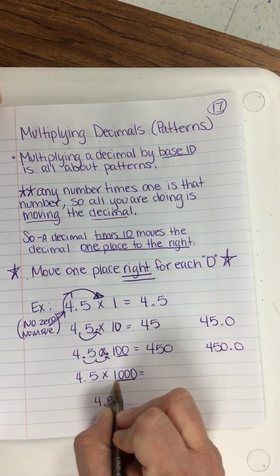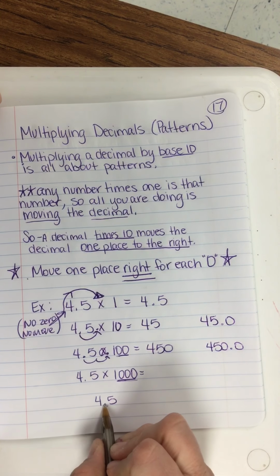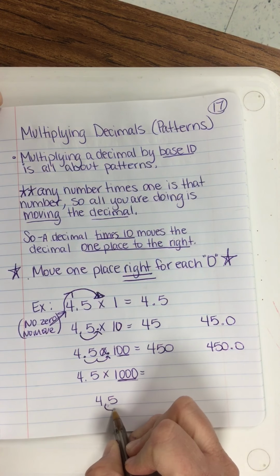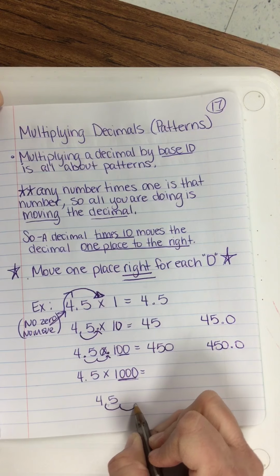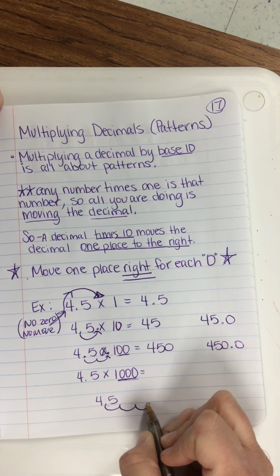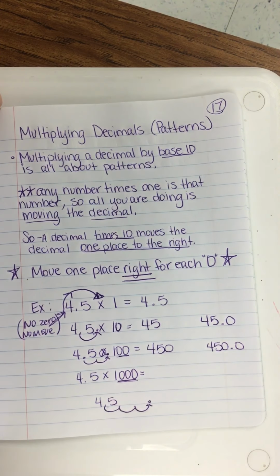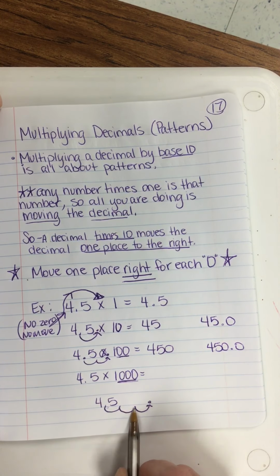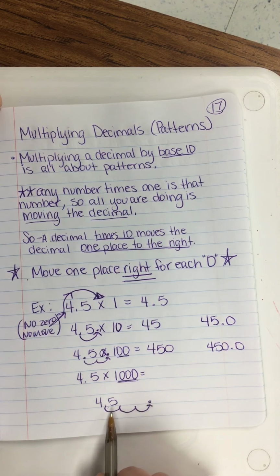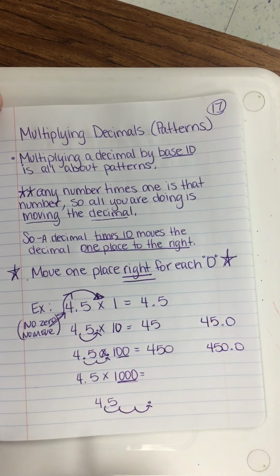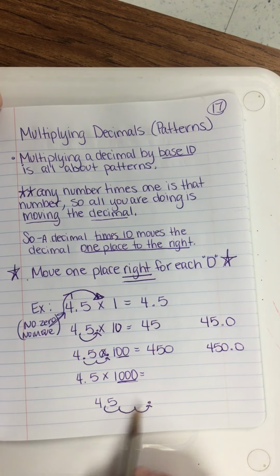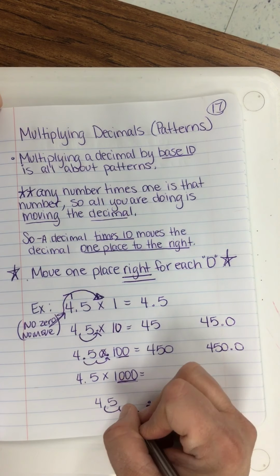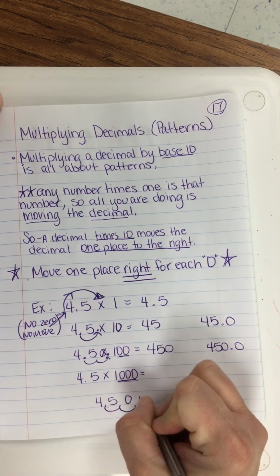Okay, 4 5/10 times 1,000. 1,000 has 3 zeros. So we're going to take this decimal and move it 3 places to the right. 1, 2, 3. I moved one place from in front of the 5 to behind the 5, and then I made 2 more jumps. These blank spaces are fillers, and we always use the 0 as the filler.